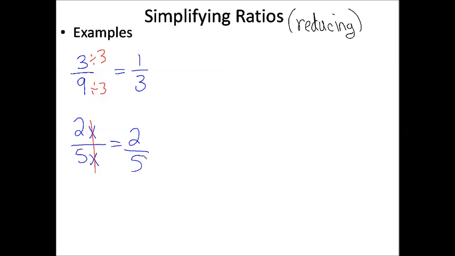If we have both numbers that'll reduce and variables that reduce, we look at them separately. So let's say I do, oops, that should have been x squared, sorry.